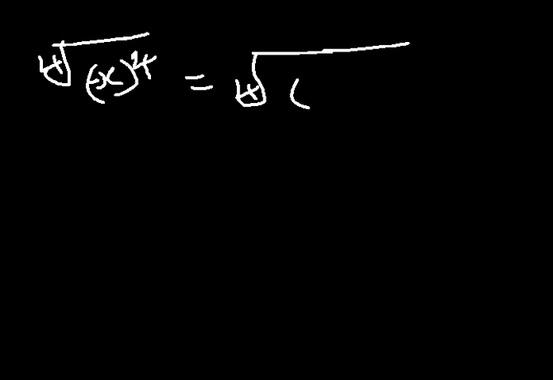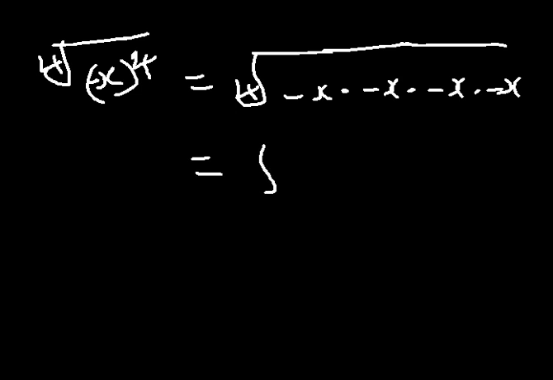Let's say we have the 4th root of negative x, to the power 4. Since the power is an even number, this is the same as the 4th root of negative x times negative x times negative x times negative x.